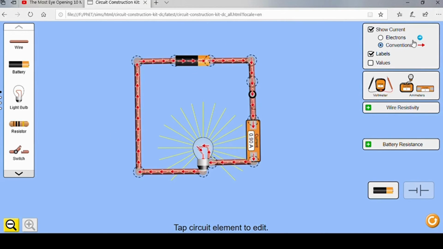So now, I'll do one simple thing to emphasize the concept of electrons. The number of electrons flowing, or the rate at which these electrons are flowing, is dependent on the strength of the power source that we have.